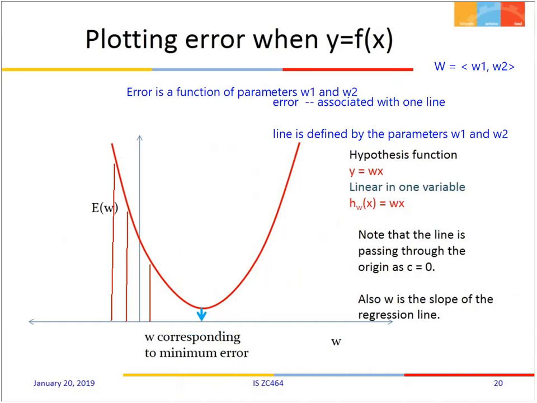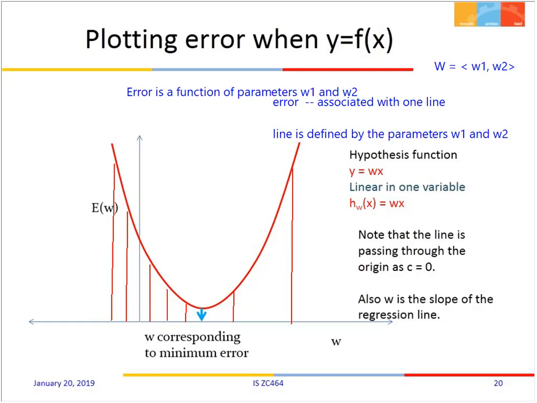That means different slopes are corresponding to different error values. Okay. So different values of W correspond to different lines with different slopes, and different lines will correspond to different amount of error, which we computed in the previous example.